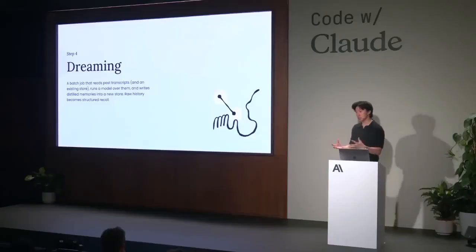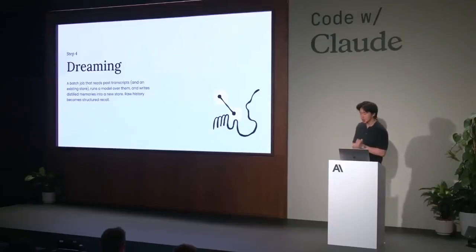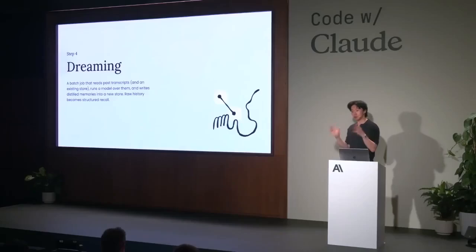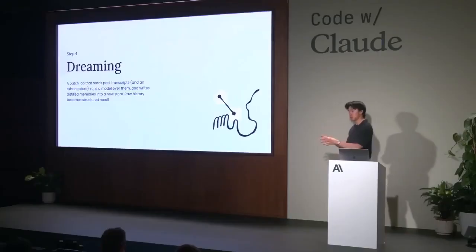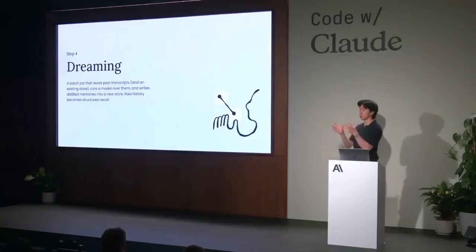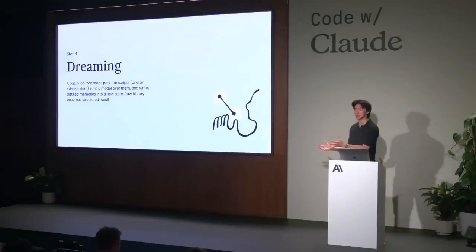Dreaming is a batch process that runs asynchronously. You launch it using our API or through console, and it'll run a new dreaming harness that we built that is a multi-agent setup. It will look over each of the input sessions that you've given it. So you specify an input memory store that you want it to dream over, along with a group of transcripts that you think might help or enrich that memory store.